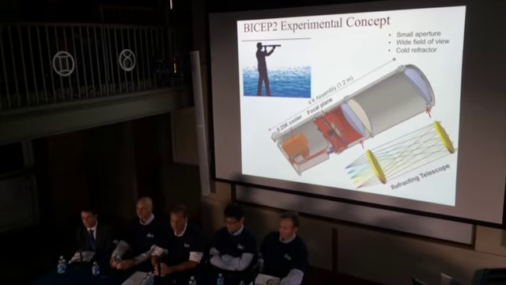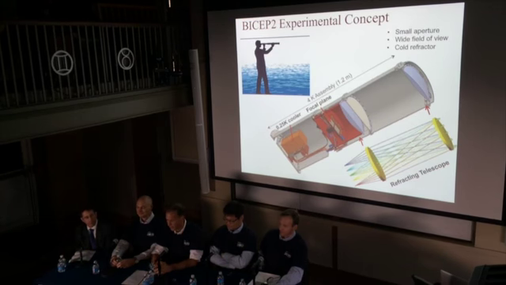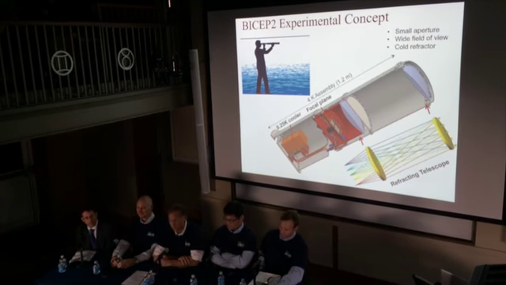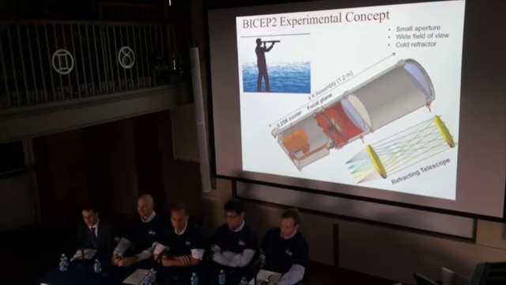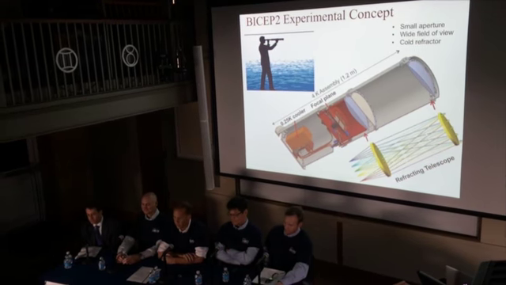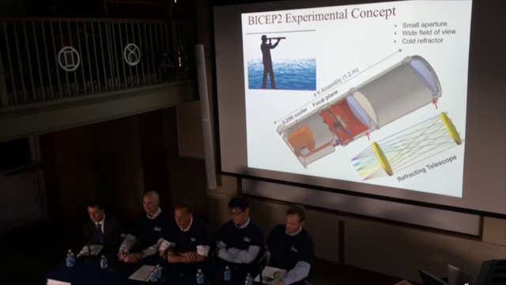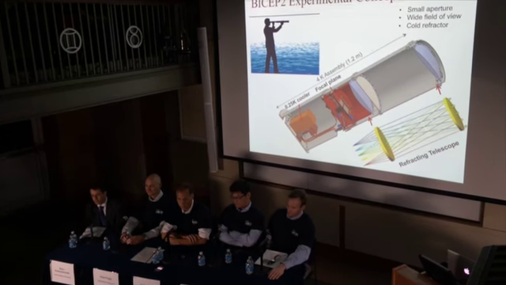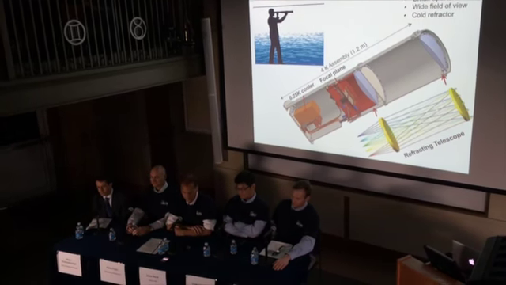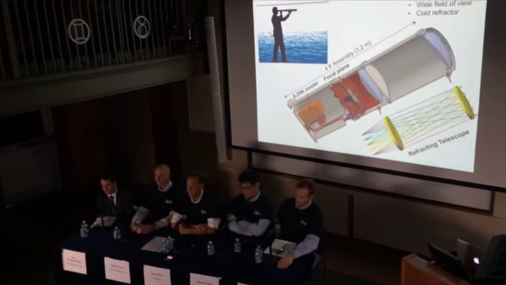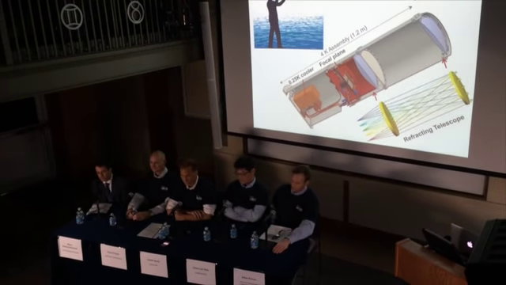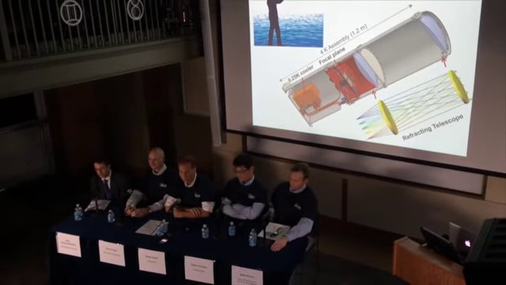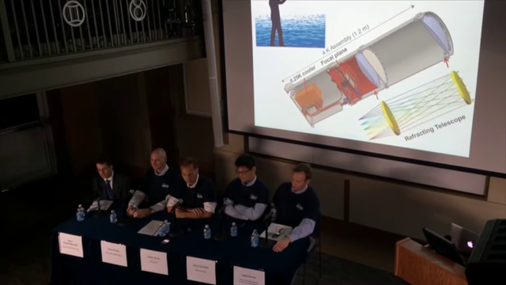But don't let its small size fool you. Our telescope has enormous light gathering capability. And so in fact, the field of view on the sky is 20 degrees across. And with a small telescope, we can do things that are simply impossible to do with a large telescope. So the first thing we do is we take our small telescope and we cool it to 4 degrees above absolute zero.